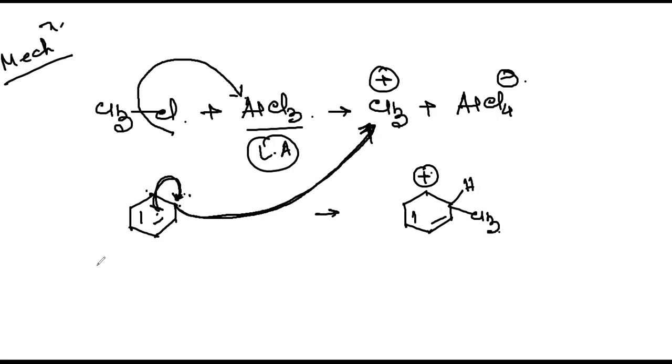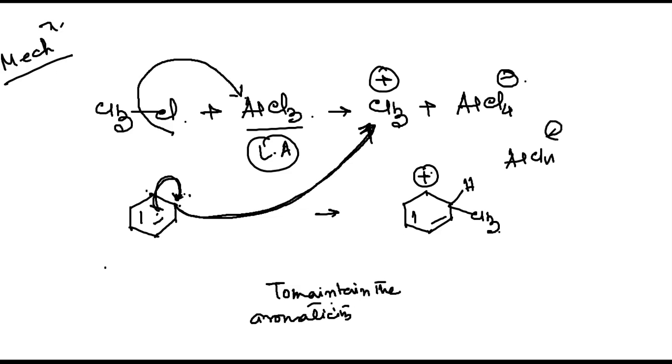Now what happens? It was aromatic, so to maintain the aromaticity, AlCl4 comes near to it and extracts the hydrogen, and the bond goes to its initial position and the structure becomes like this. This is the toluene.